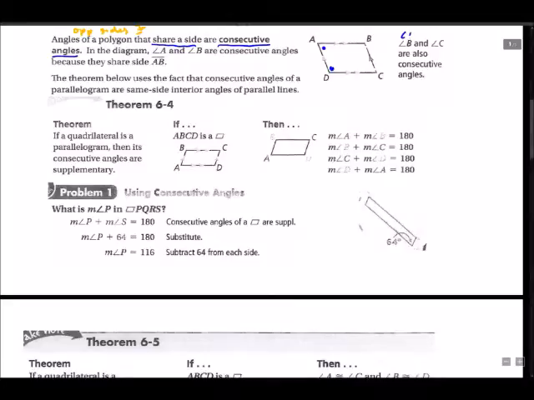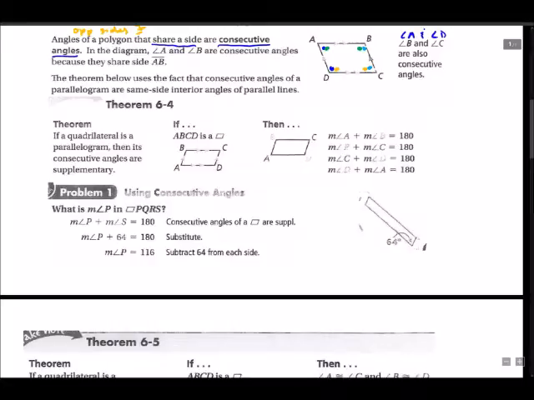So we can add angle A and angle D share a side. Angle A and angle B share a side. Angle B and angle C share a side. Angle C and angle D share a side. So we have lots of consecutive angles here.